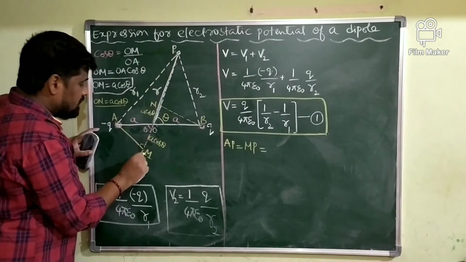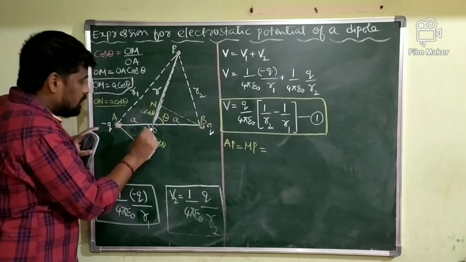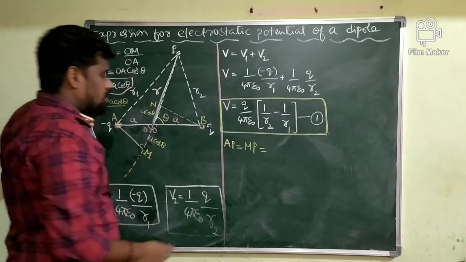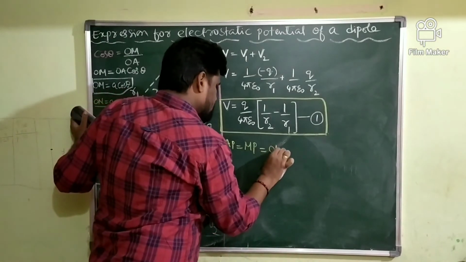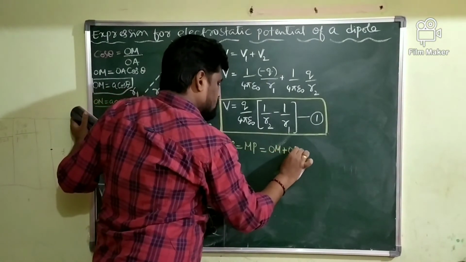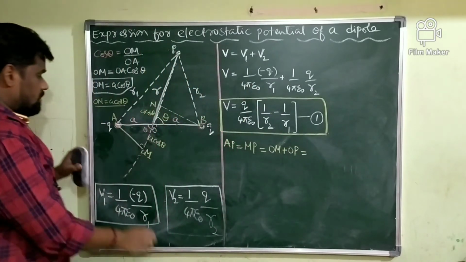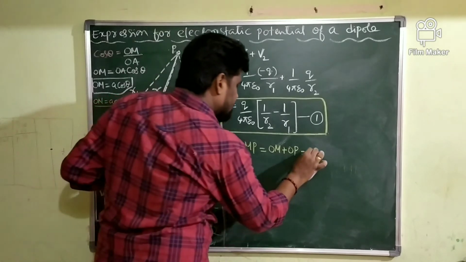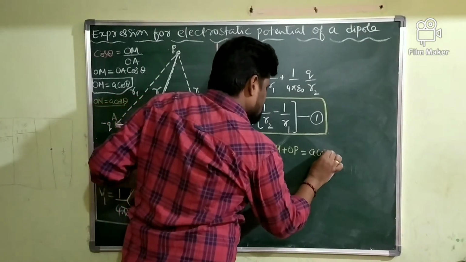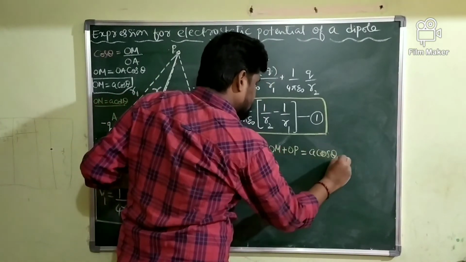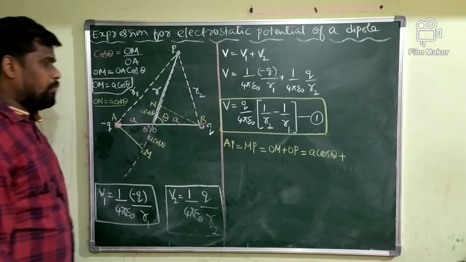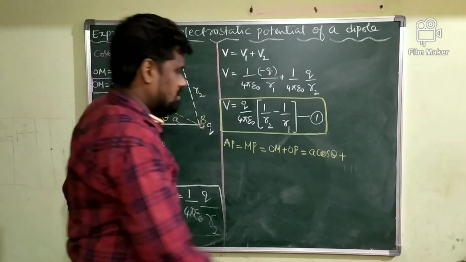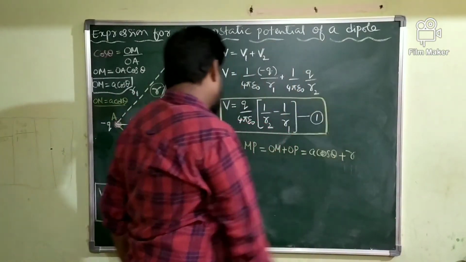MP can be written as MO, that is OM, plus OP. Further, OM is A cos theta, plus OP. OP is R.